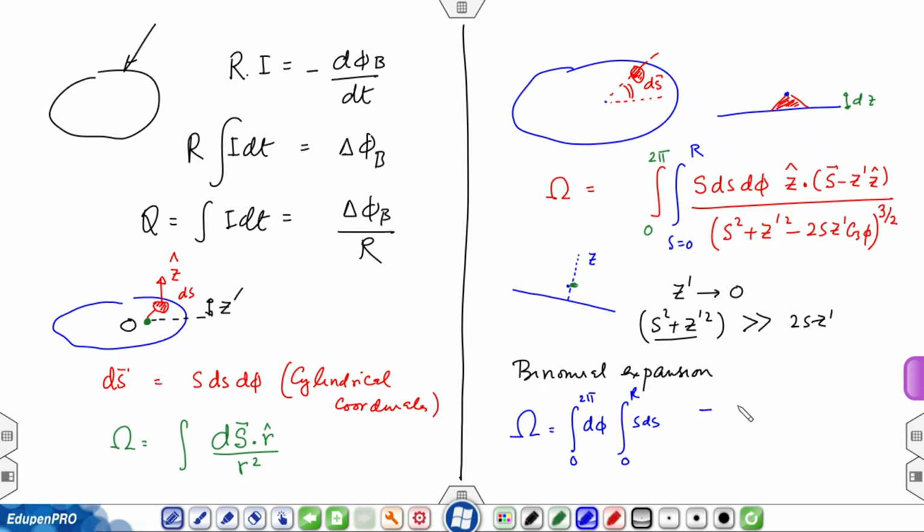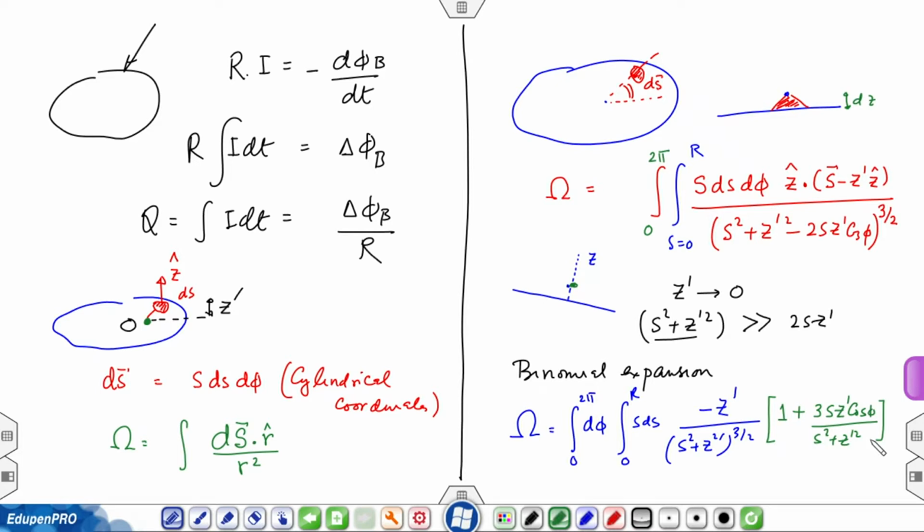So, I get minus z prime divided by s square plus z prime square to the 3 by 2, and then I can do the binomial expansion and write the rest as 1 plus 3 s z prime cosine phi divided by s square plus z prime square, and stop here. That is the answer.